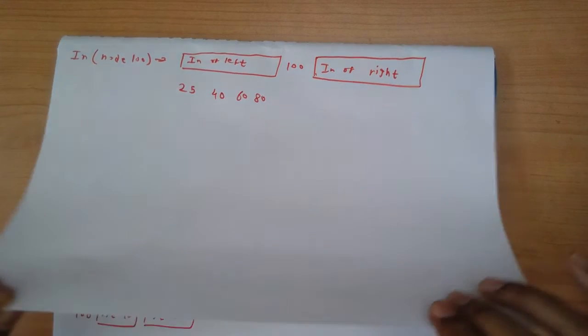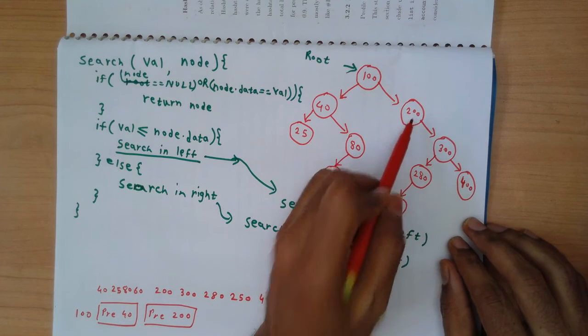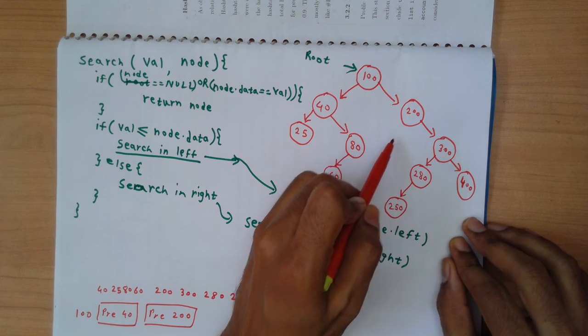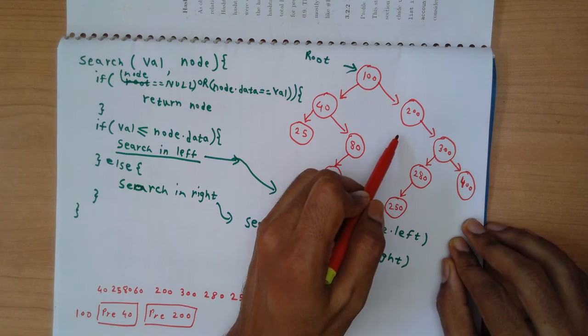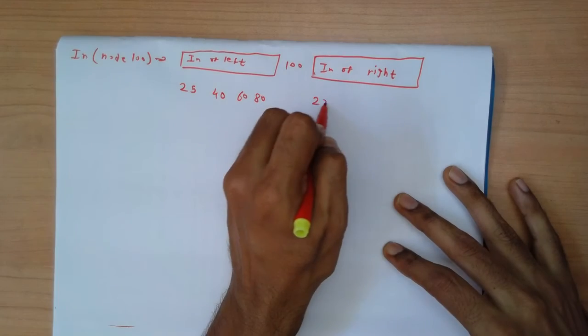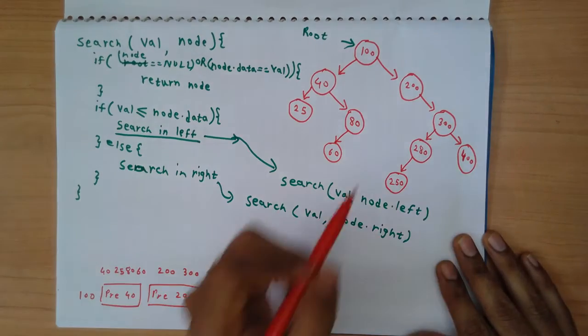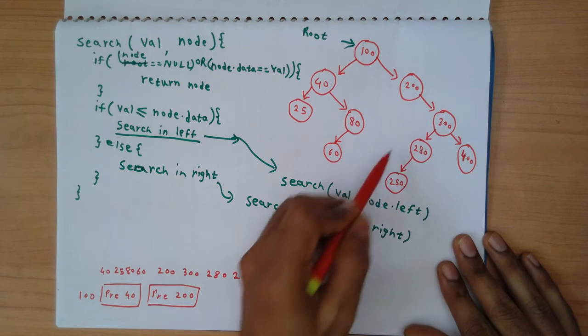And now let's do the in-order traversal of the right subtree starting with 200. First I have to do the in-order traversal of the left subtree, which is absent. So then I will have 200. After that I have to do the in-order traversal of the subtree rooted at 300.